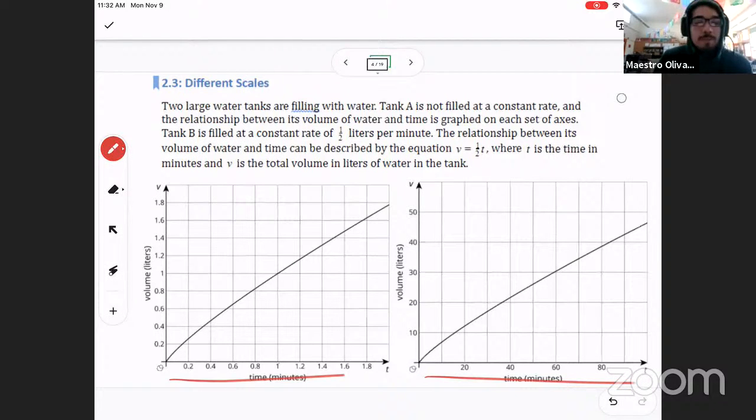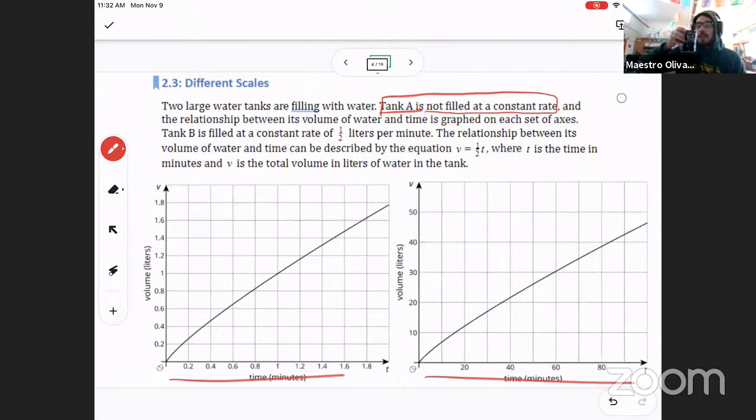So let's go ahead and read. Two large water tanks, un tank de water, are being filled with water. Tank A is not filled at a constant rate. You are not filling it at the same rate.